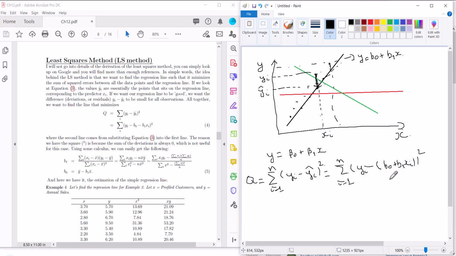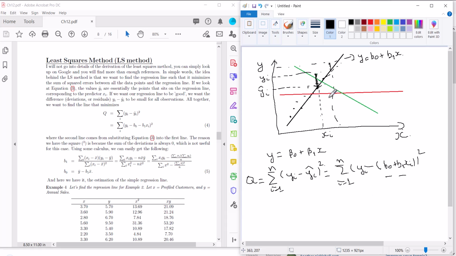So this is basically the total amount of squared error that this line is going to make if you use it to make predictions on the data. So the least squares method is going to find the line, which is determined by the two quantities b0 and b1, one is the intercept, the other is the slope, that minimize this amount of error.